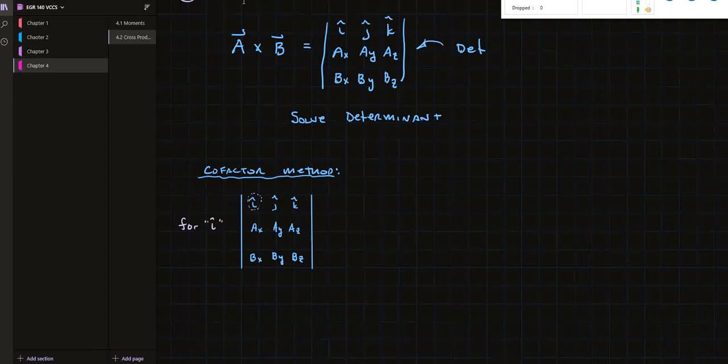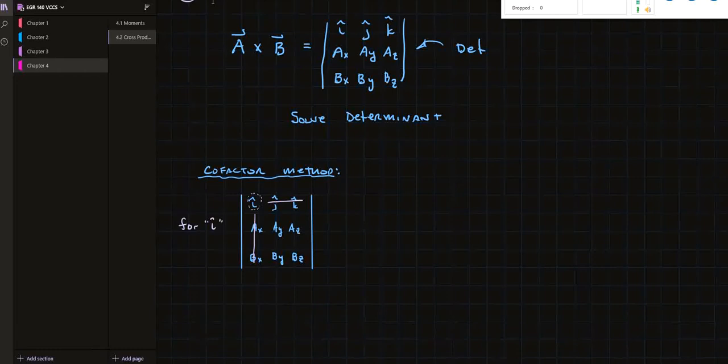The reason you do this is you then cross out these other terms in this, and you create a cofactor, and you multiply that by the determinant of the minor matrix.